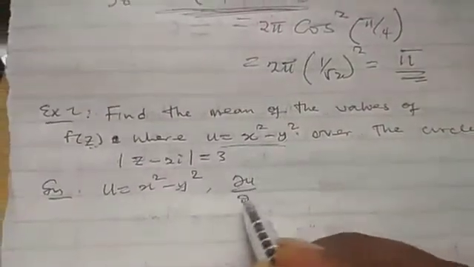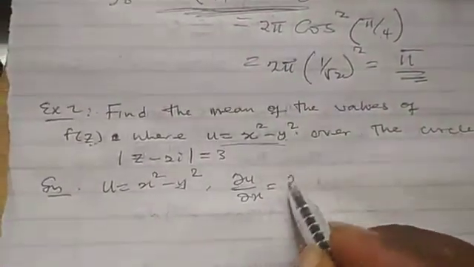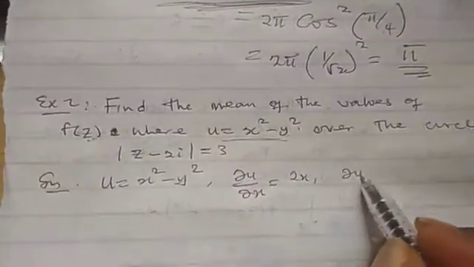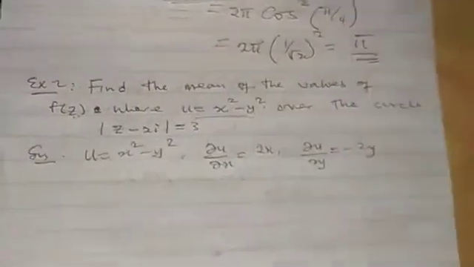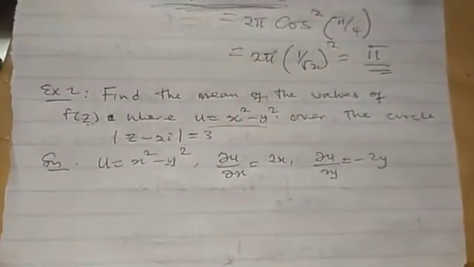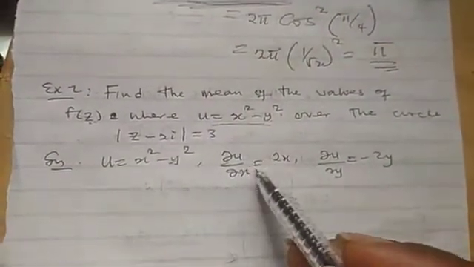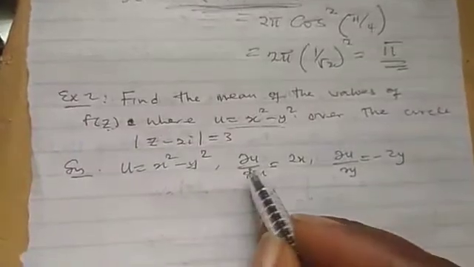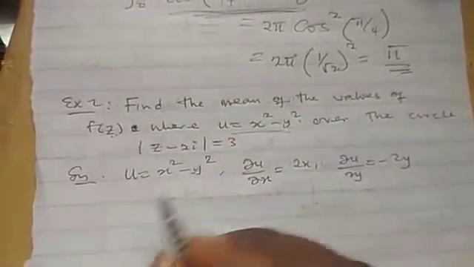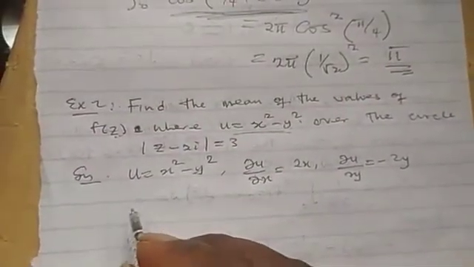We find the partial of u with respect to x, which is 2x. The partial of u with respect to y is minus 2y. We know that this function is harmonic, because differentiating it once again, the second derivatives sum to 0. So in this case, we can find our v by the Cauchy-Riemann equations.